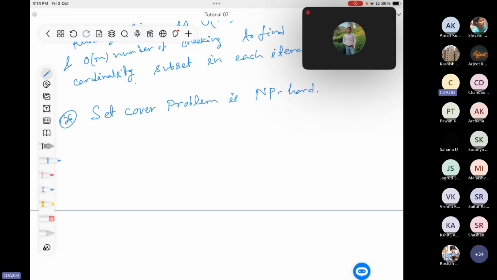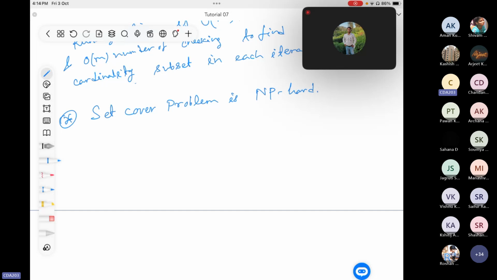There are a lot of applications actually. This problem has applications in networking. See, set cover is a very useful problem.